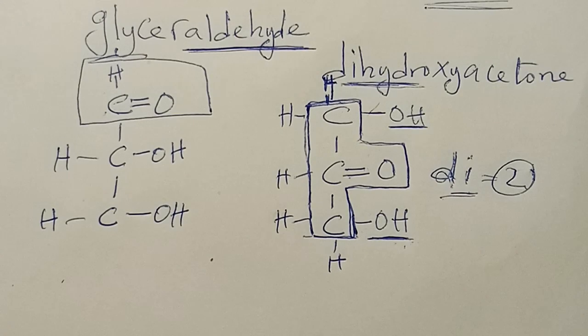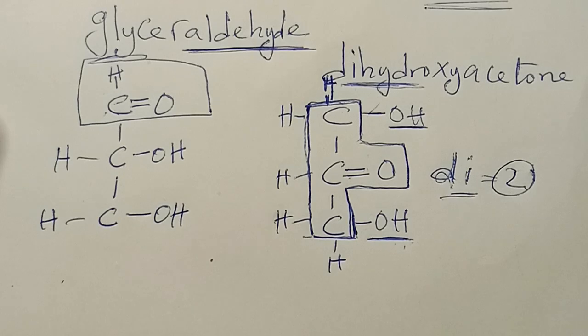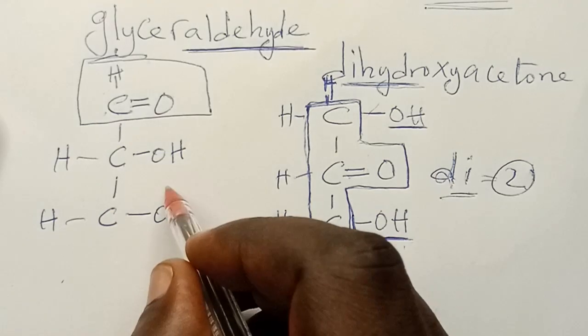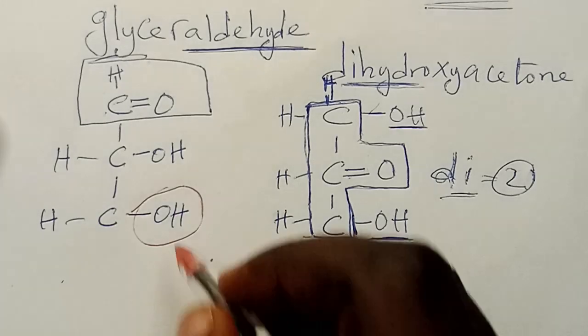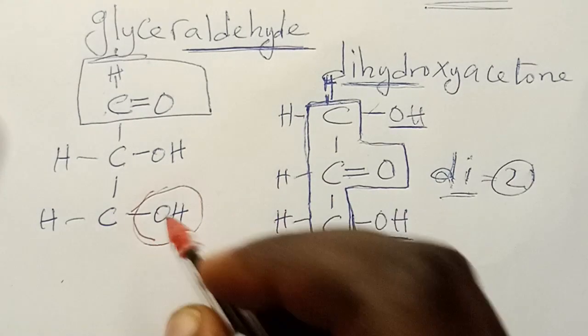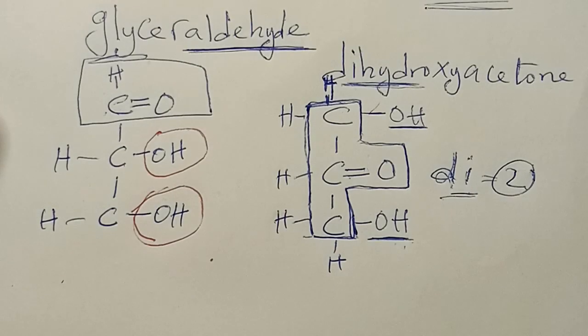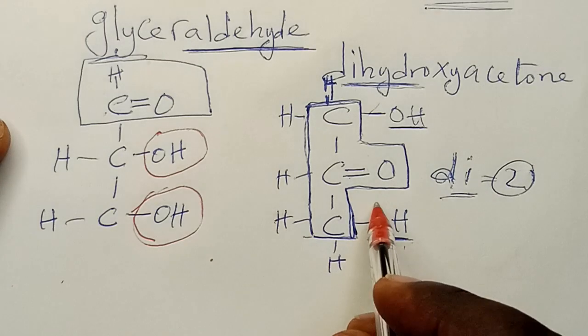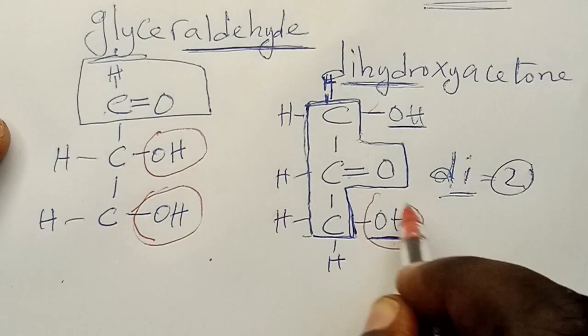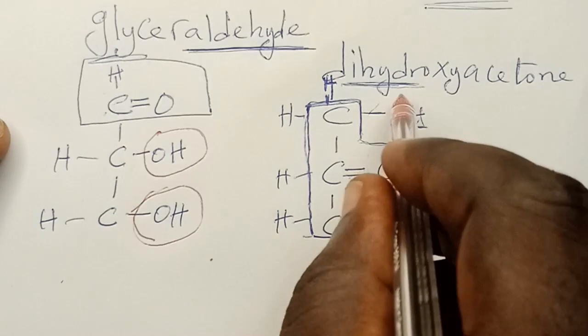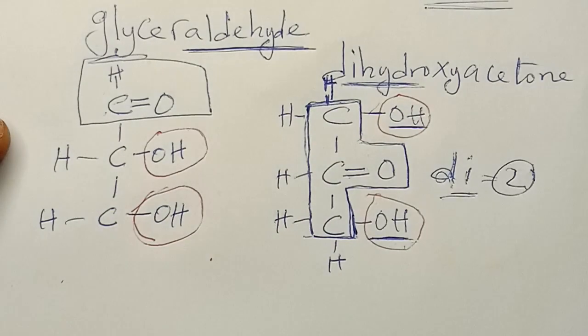Since we have given the characteristics or properties of carbohydrate, we have stated that all carbohydrates consist of the hydroxy group. You can see for glyceraldehyde, this is the hydroxy group. This is a hydroxy group. In the next, this is a hydroxy group, as you can see here, hydroxyl. And on the other hand, we also have a hydroxy group here. As you can see, we have another hydroxy group. Both of the two contain hydroxy groups.